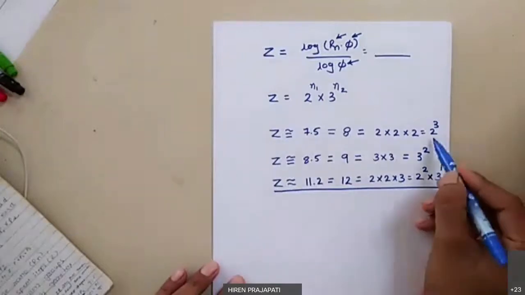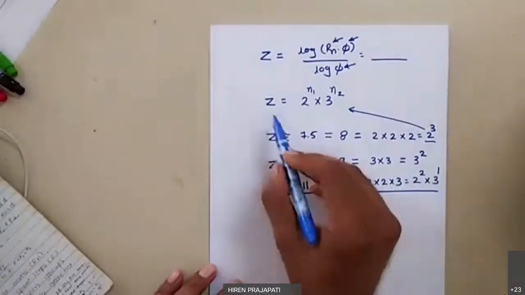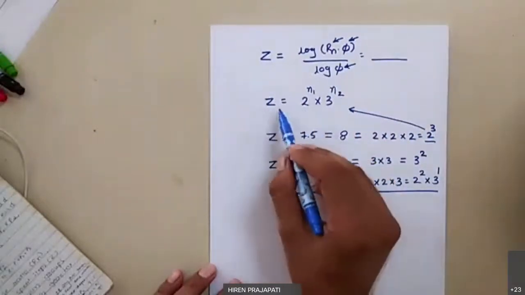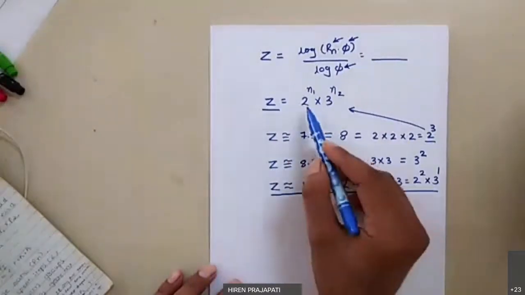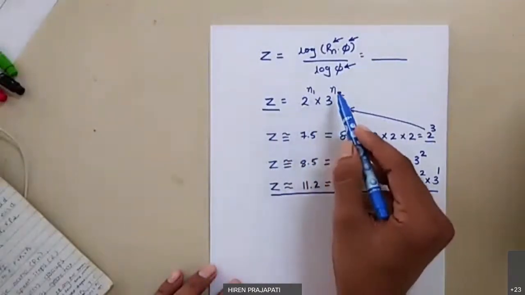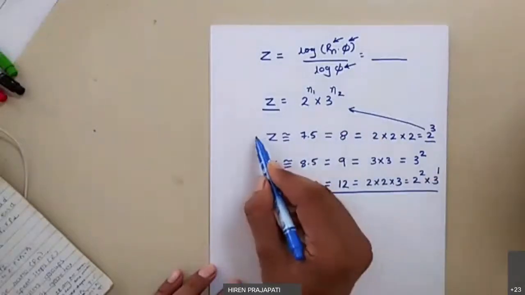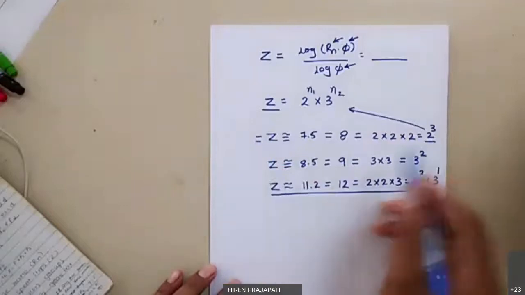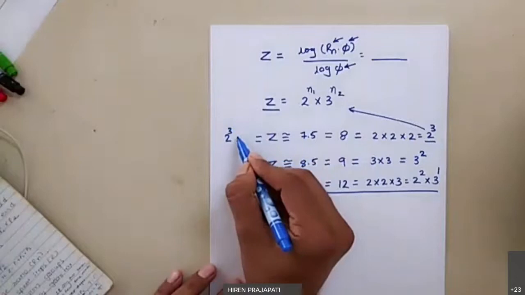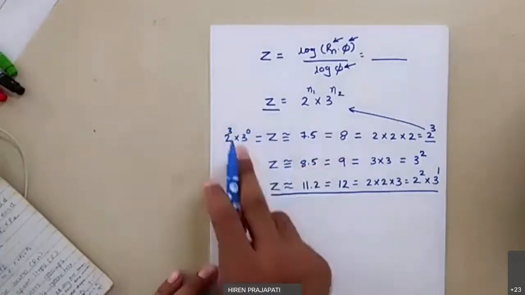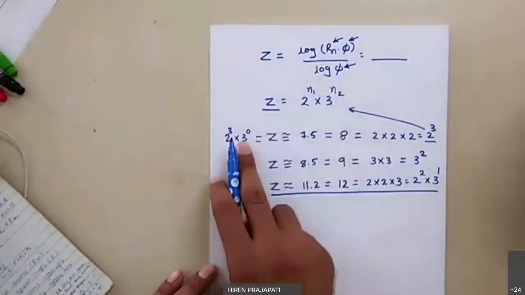Same, if you see here, this is the generalized form I have written. Z, the total number of speeds available from the gearbox, is equal to 2 raised to n1 into 3 raised to n2. For the first case, it is 2 raised to 3 and 3 raised to 0, so n1 is 3 and n2 is 0.